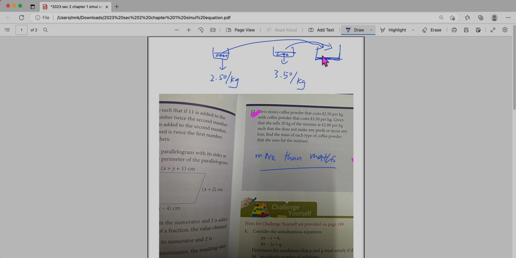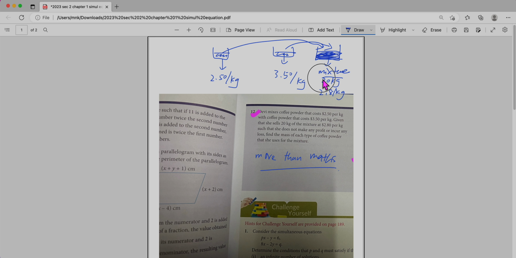You mix these together, so you get this mixture, and this mixture is 20 kilogram. The person sells this mixture at $2.80 per kg, and by doing so she does not make any profit or incur any loss.